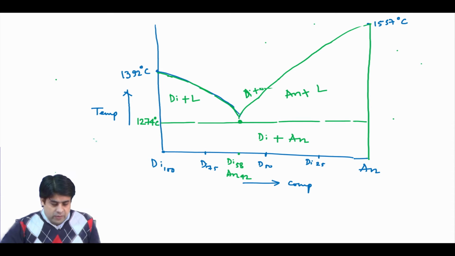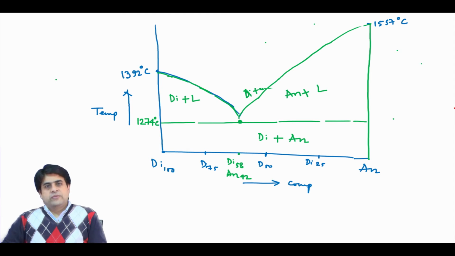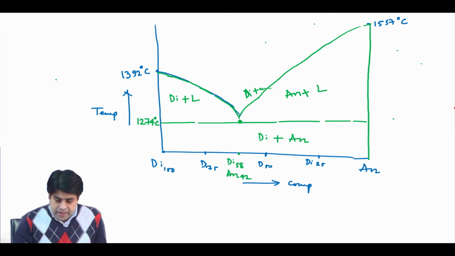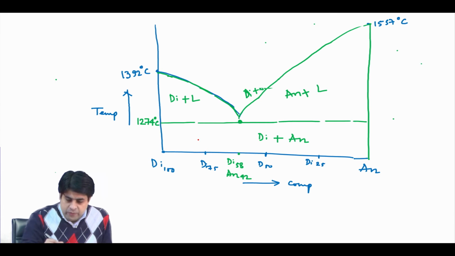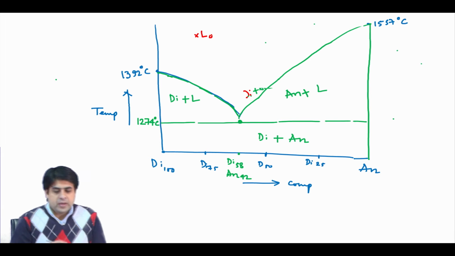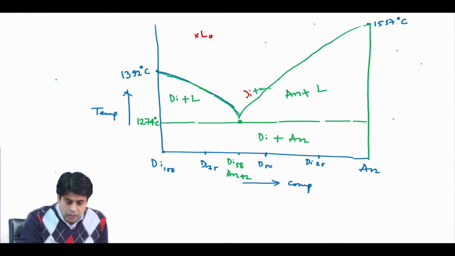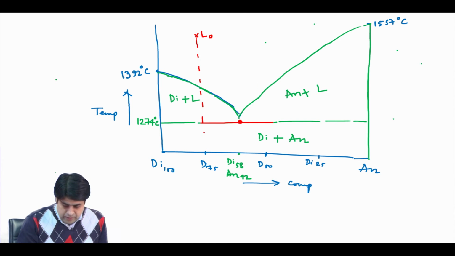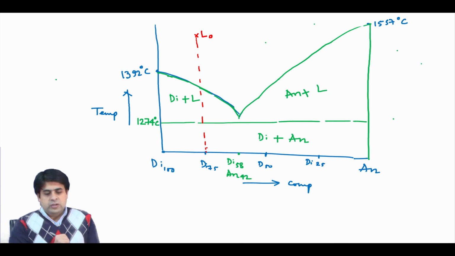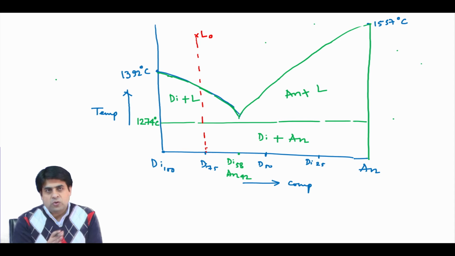Let us say we take a liquid composition of L0, and if we draw a vertical line, along this vertical line your composition is always fixed.